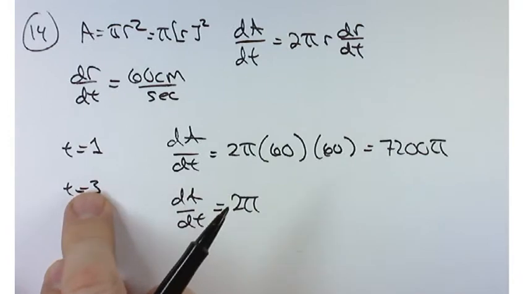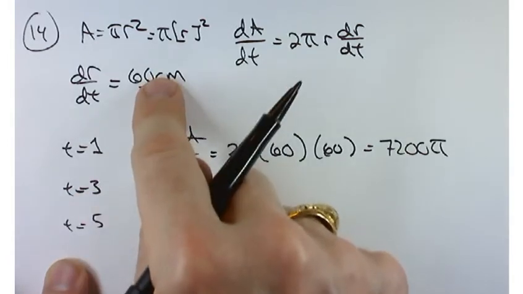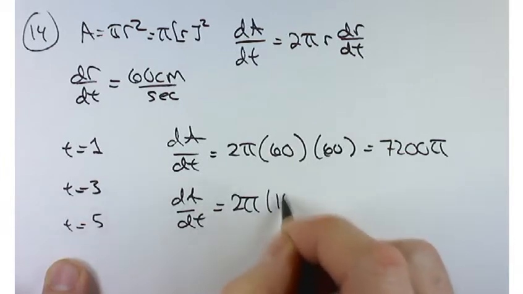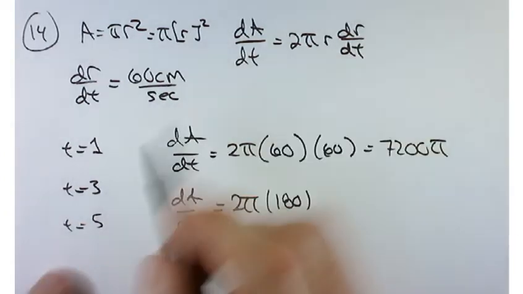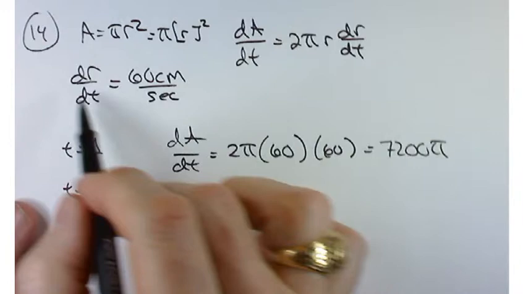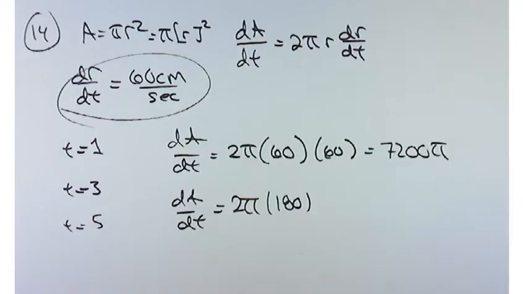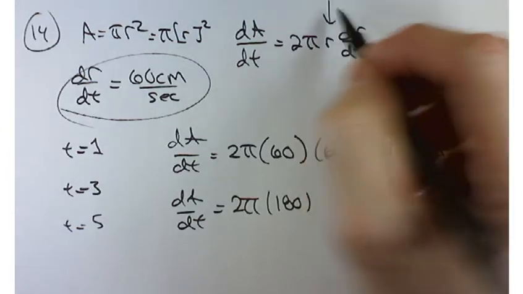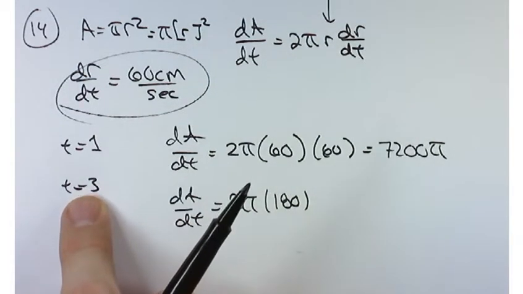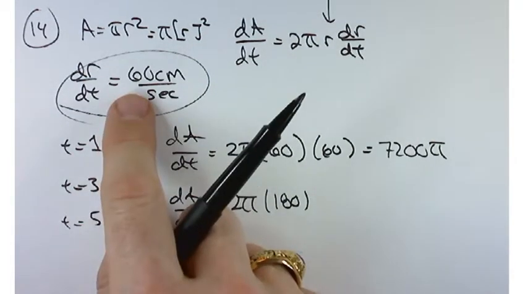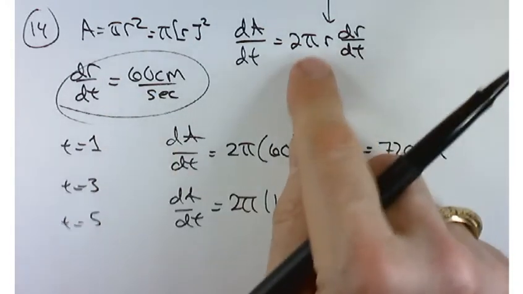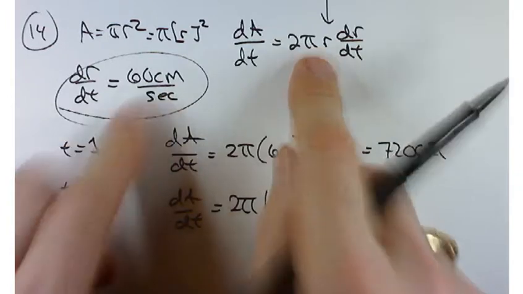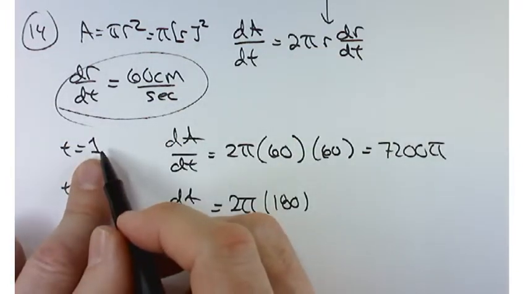This time, after 3 seconds, how far has it traveled? What's r after 3 seconds? 180. What's going on is that we need to figure out what the radius is at these different times. That's what I'm doing right here, because the radius is part of this formula, I have to figure out, well, what's the radius after 1 second?